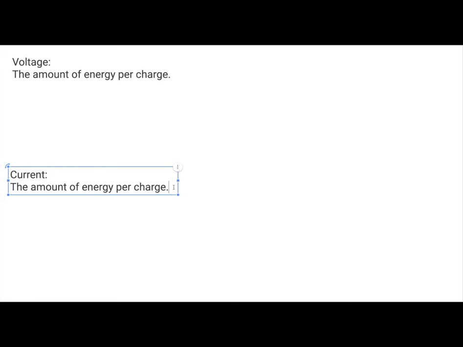Current was also defined as the amount of charge that flows past a point per time.